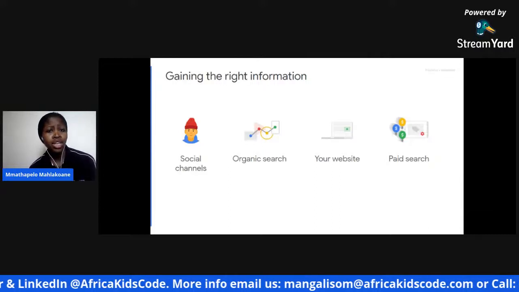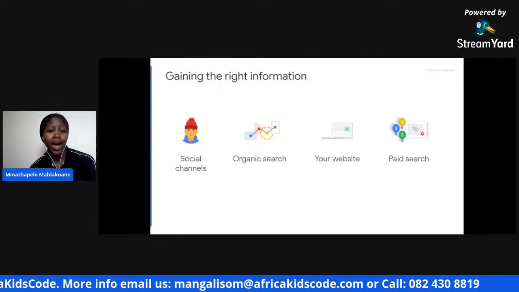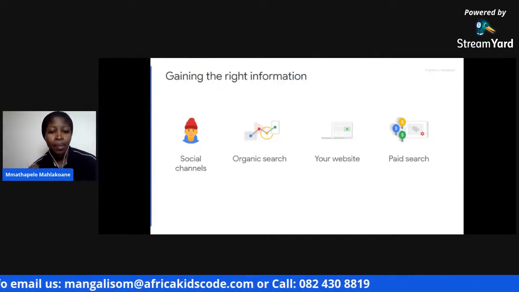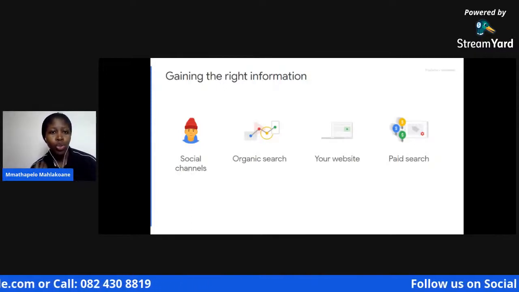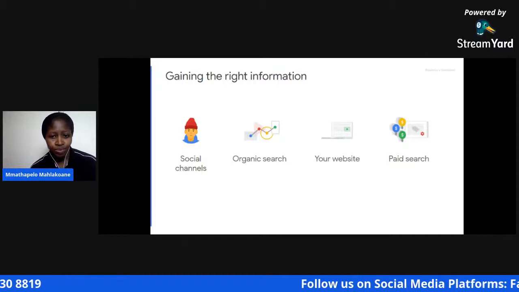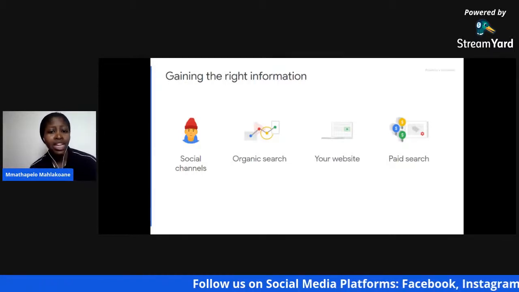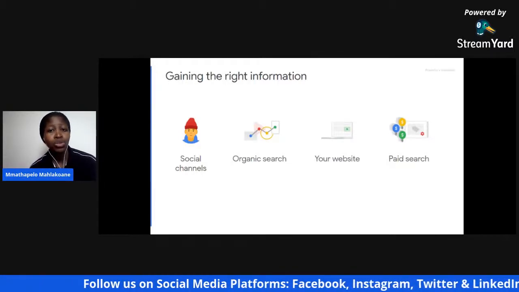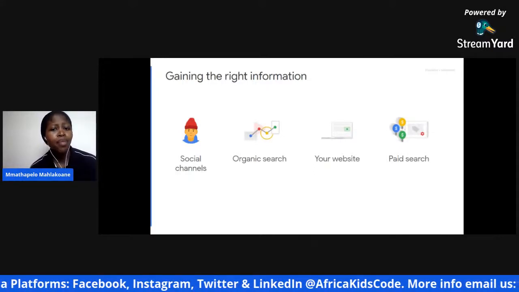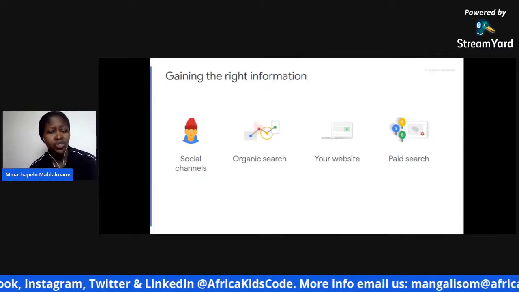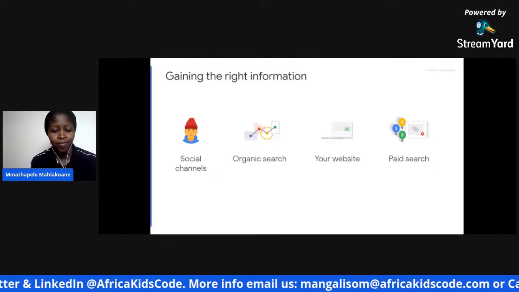Or are you using paid search, whereby you pay so that people are able to click? How are you going to market your product to customers using those paid channels? What are they looking for? What type of audience do you want to attract for your business?